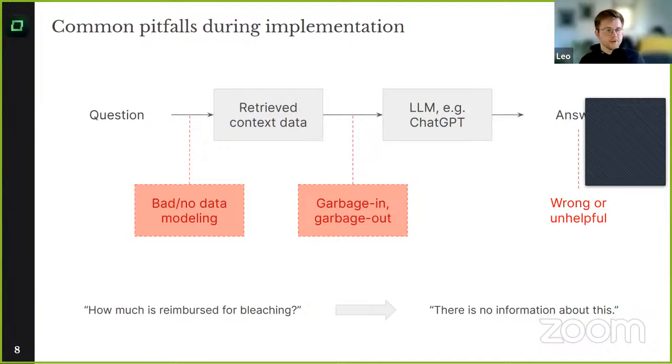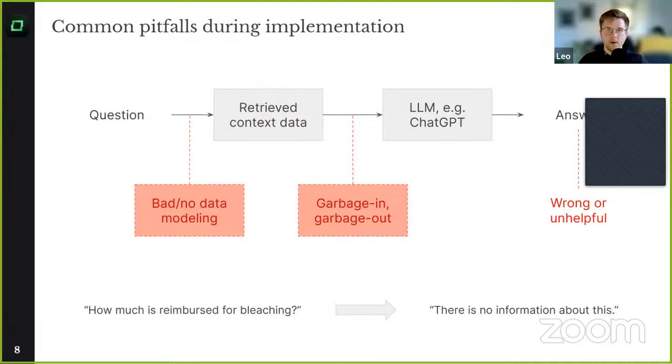And the issue that we often see in these RAG projects is that people don't really think about modeling their data. They don't really think about the shape and the structure and the size of their data, the transformation techniques that they maybe need to apply. And so when they then retrieve some context from, say, a vector database, what they retrieve is not really the right pieces of information.